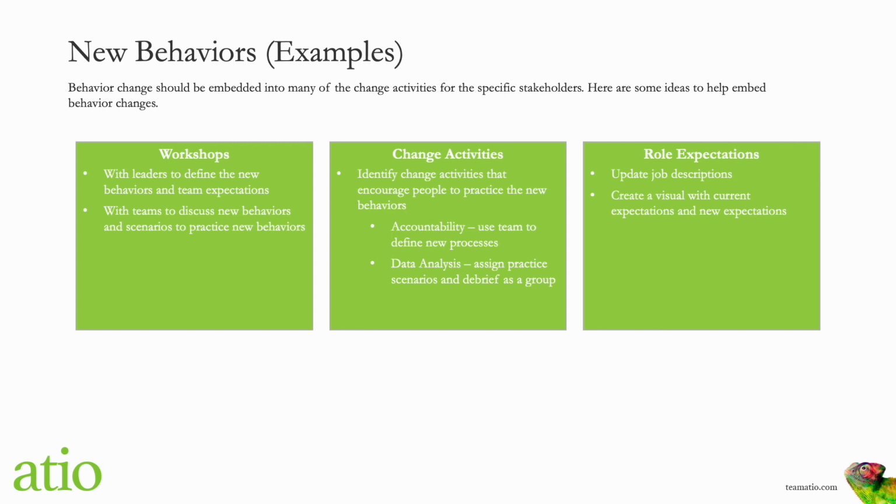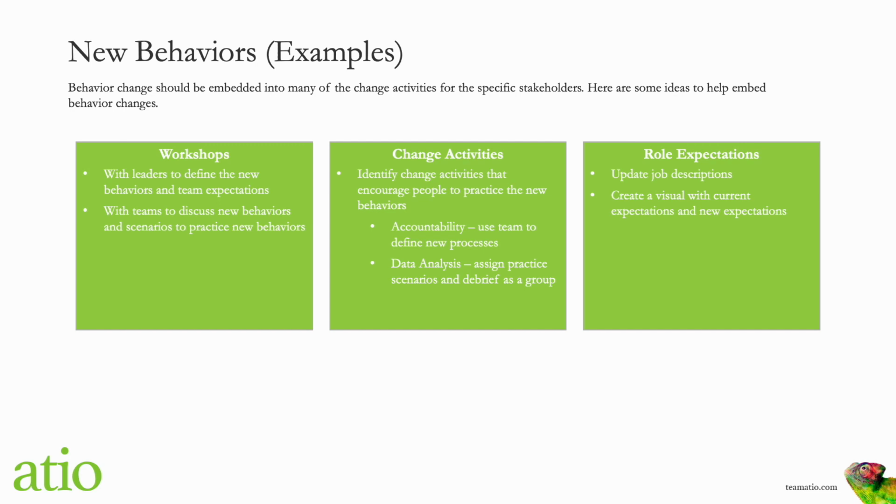Or we could do change activities that encourage people to practice those new behaviors, or update job descriptions and create a visual with those expectations, or we might do all three of these.